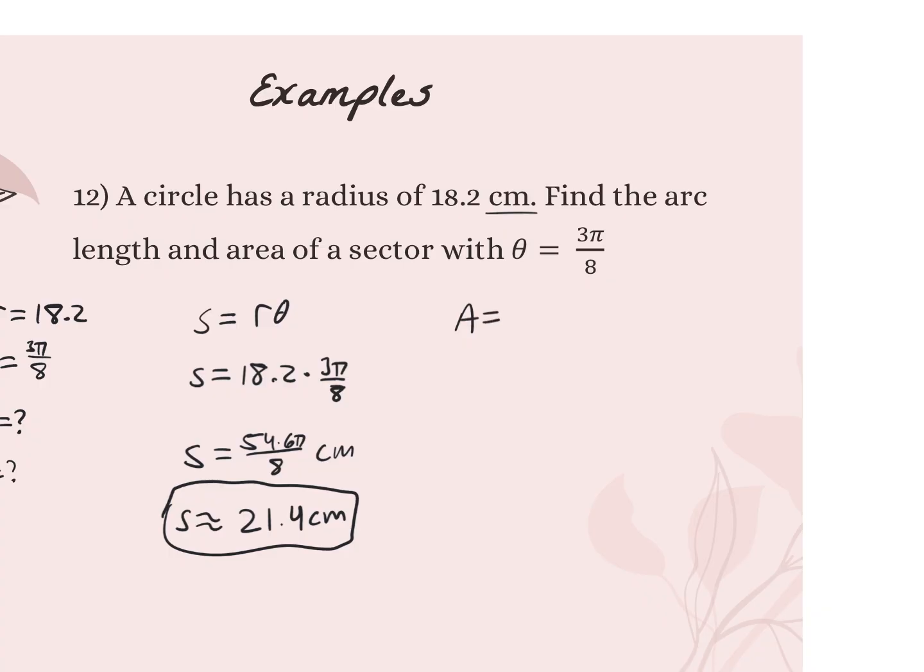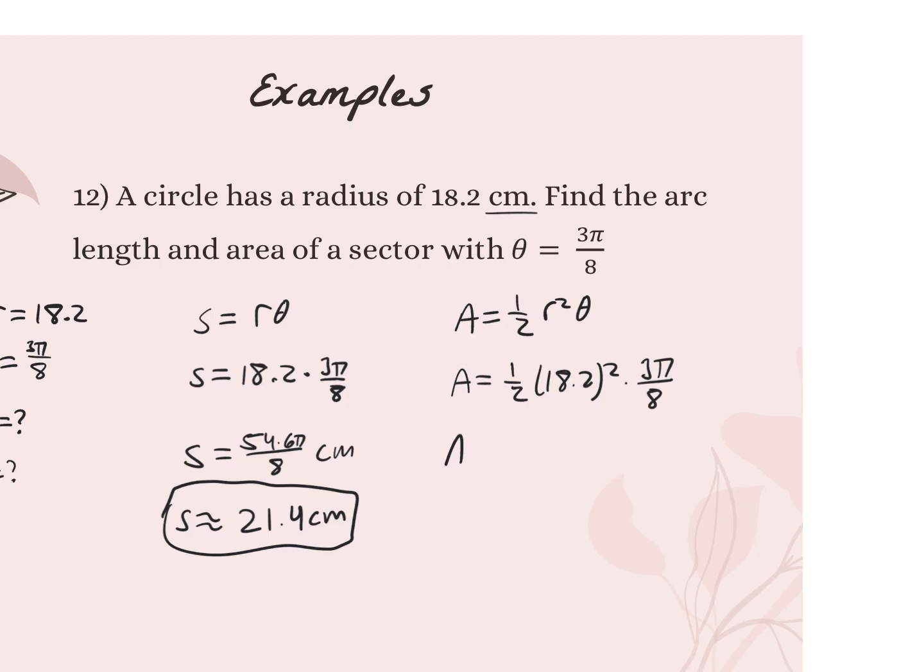So my sector area is going to be 1/2 r squared theta. All right, so my sector area is going to be 1/2 times 18.2 squared times 3 pi over 8. Now, I wouldn't waste any time trying to write out the entire thing, because there's a lot going on here.